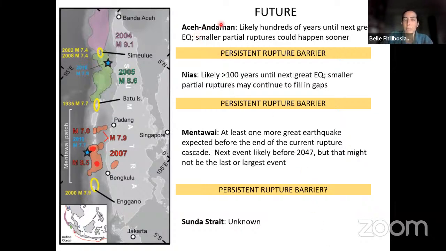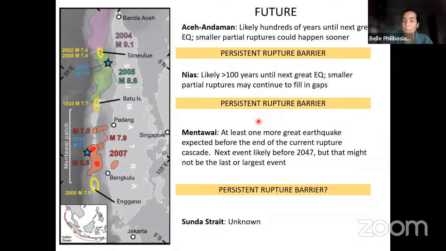In the Aceh Andaman area, it will likely be hundreds of years until the next great earthquake, although we might have smaller partial segment ruptures that could happen sooner than that. In Nias, it would likely be more than 100 years until the next great earthquake, but again, these smaller partial ruptures might continue to fill in the gaps that didn't quite rupture in 2005.